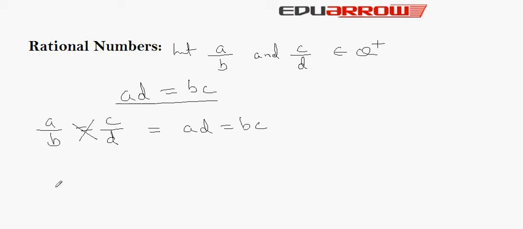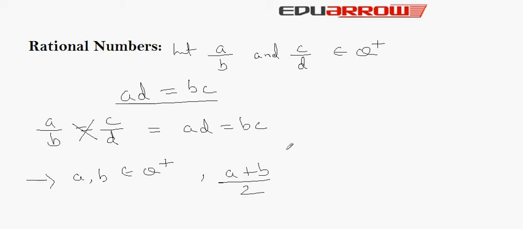And another important thing is, between two rational numbers A and B, there exists another rational number, that is A plus B by 2.